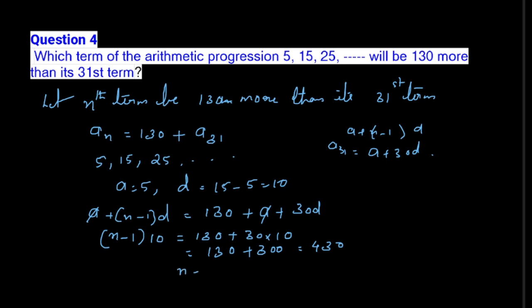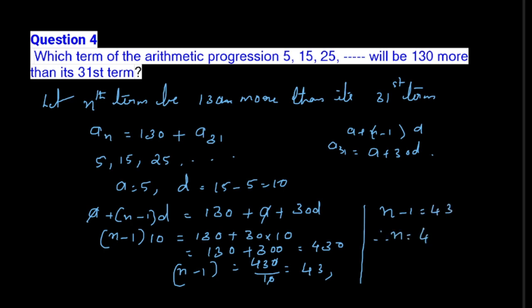So n minus 1 is equal to 430 upon 10, the zero cancels, that is 43. Therefore n is equal to 43 plus 1, which is 44. That means the 44th term, A44, is 130 more than its 31st term.